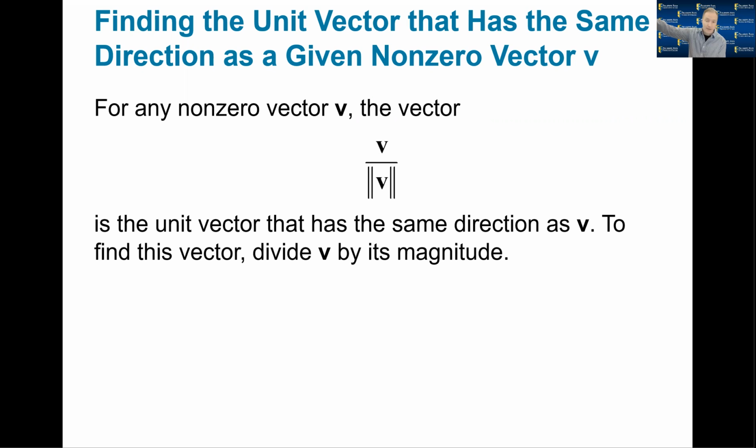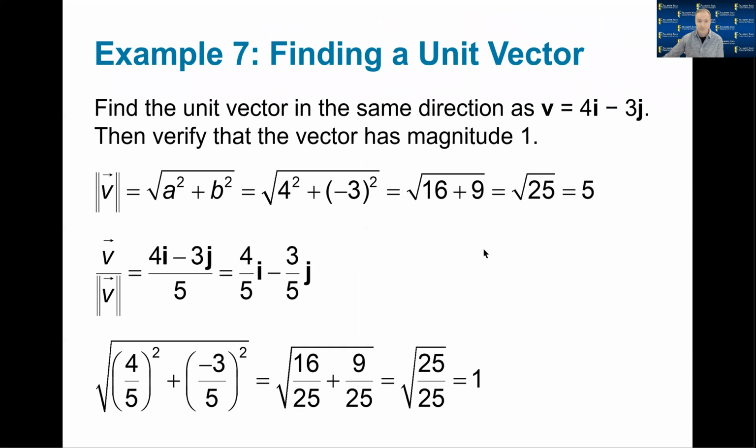Well, if I take that vector and divide by 10, then I've reduced the length of that vector down to 1, but it's still going in the exact same direction. So I can divide by the magnitude, and it's not changing the direction, but it will change the magnitude to be the unit vector as long as I'm dividing by the correct magnitude of vector v.